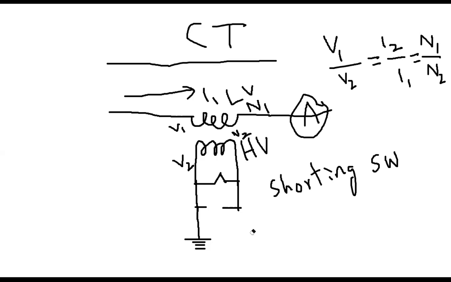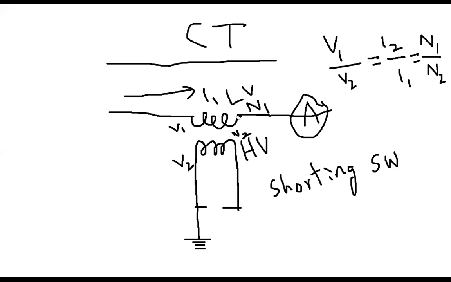So that's why it is highly recommended for a CT that the secondary circuit should never be open circuited, because the secondary side has high voltage, it's a personal safety issue. Plus, when it is fully open circuited, the current is flowing through the primary.